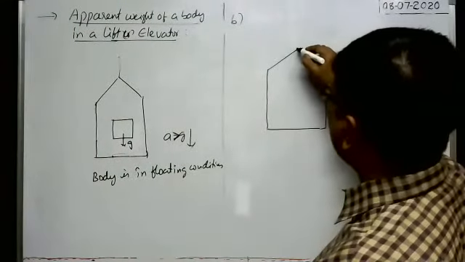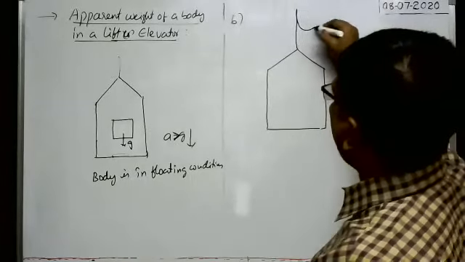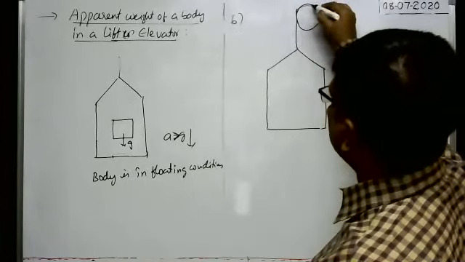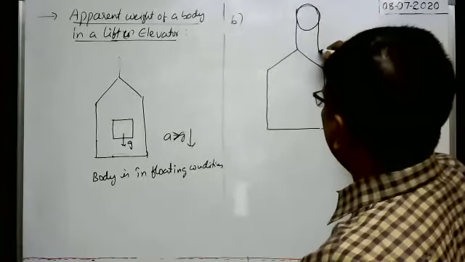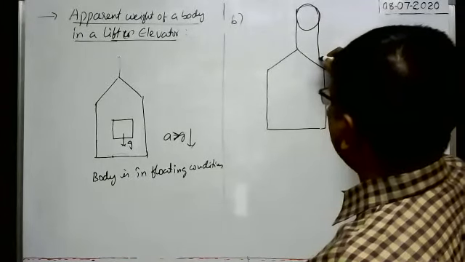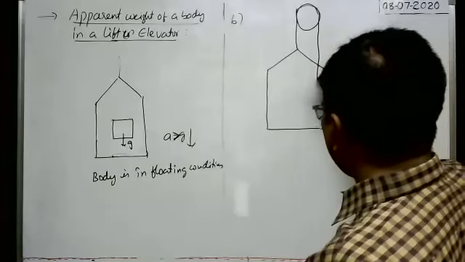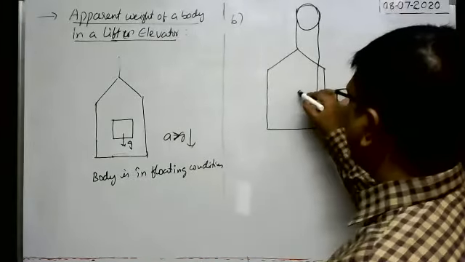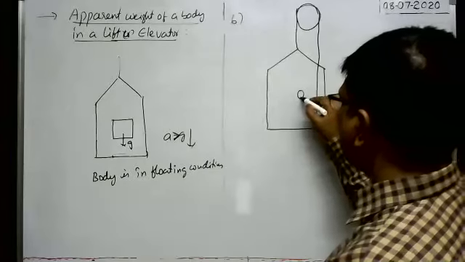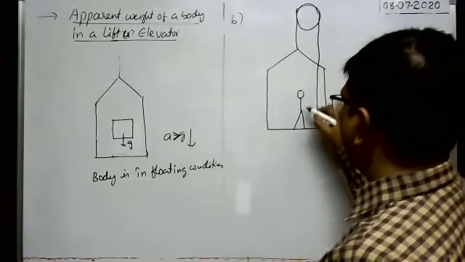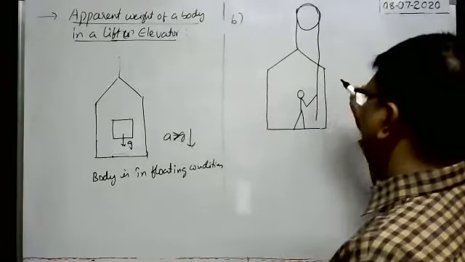Here one end of the rope is fixed to the elevator and the other end is passed over a light frictionless pulley, and the other end of the rope is arranged into the lift. A man standing on the floor of the elevator just holds one end of the rope.